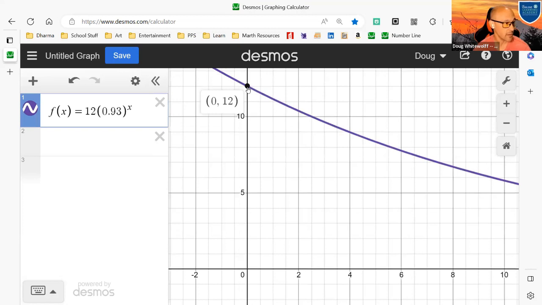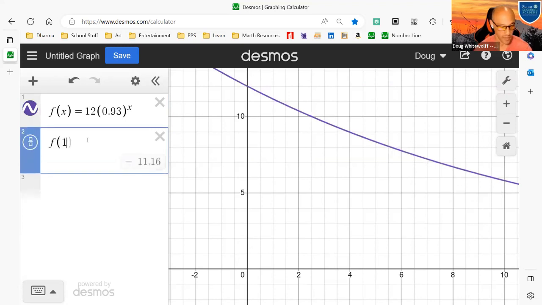That's the starting value. And if we want to know after 10 weeks, we can see right there on the graph. There it is, 5.808. So another thing we could do is just do f of 10, and we would get it right there.